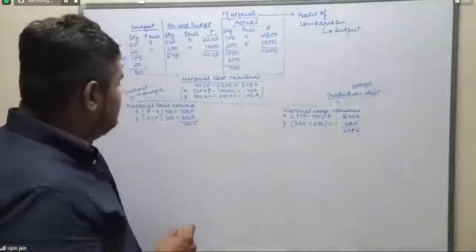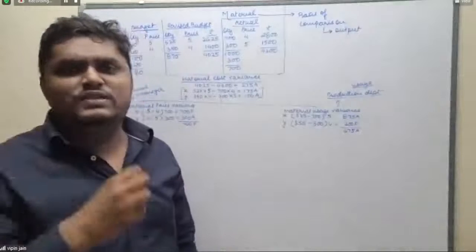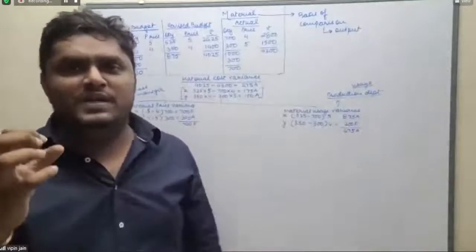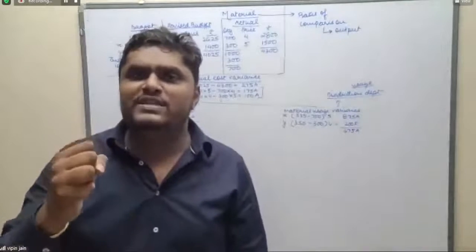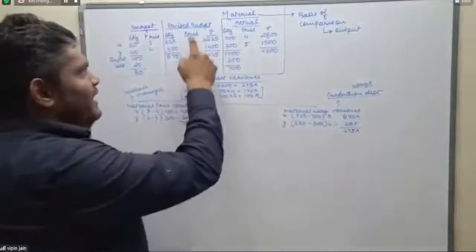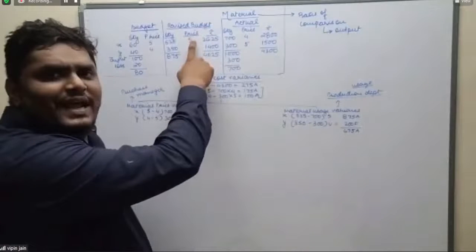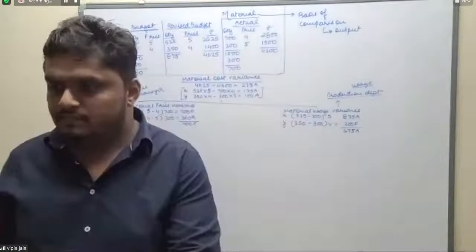The price element basically relates to the purchase manager. It is the duty of the purchase manager to purchase the units at a competitive price. So herein the purchase manager was supposed to purchase it at the rate of 5, but purchased it at 4.